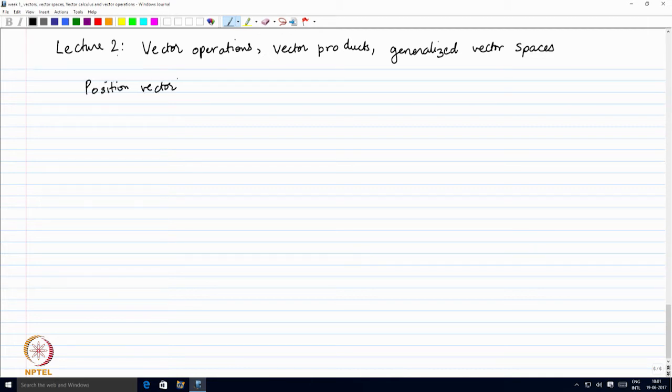The position r represents the position of a particle, and it might be a function of time. So, r of t, the position of a particle at time t.